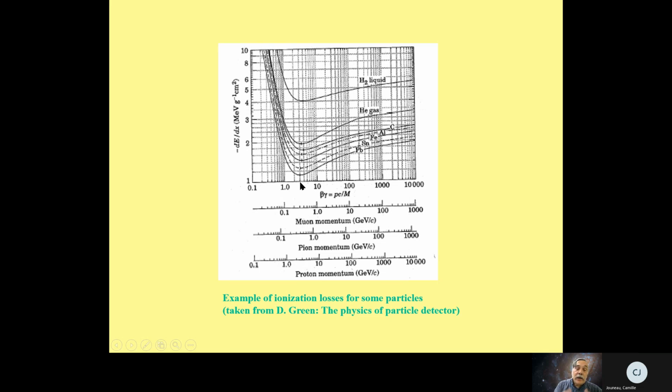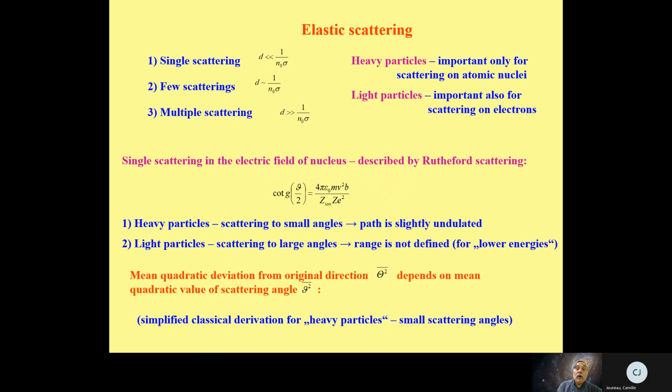If you have some thickness of a scintillation detector, you know what the losses will be for minimum ionizing particles running through this thickness, and it's possible to use them for calibration of such a detector.